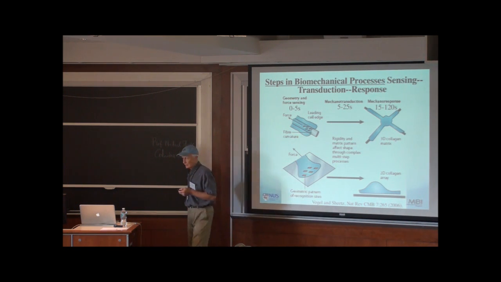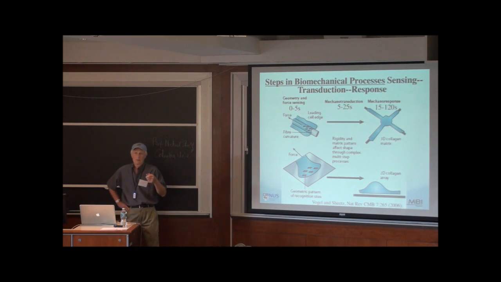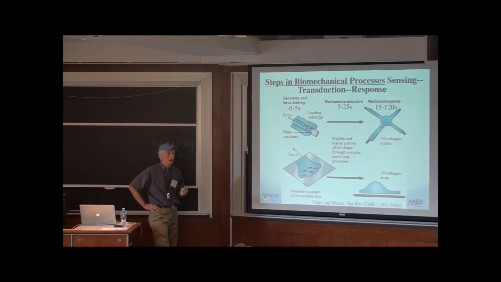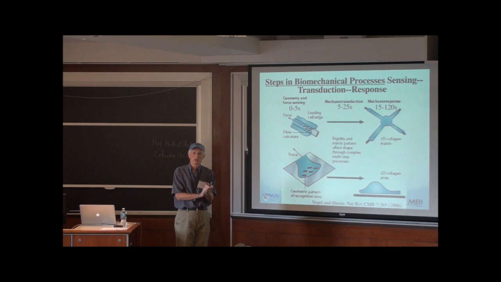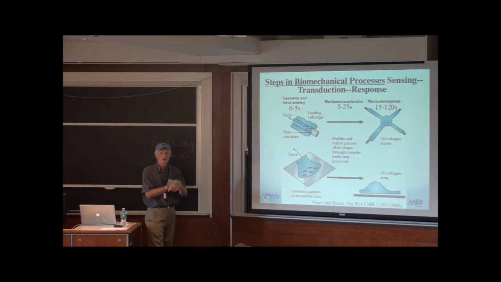In considering mechanical phenomena, we know that geometry and force sensing, all of which can occur in cells, can occur very rapidly. So you tug on a cell, its response is within a fraction of a second typically, maybe up to 5 seconds if it's a slow issue.